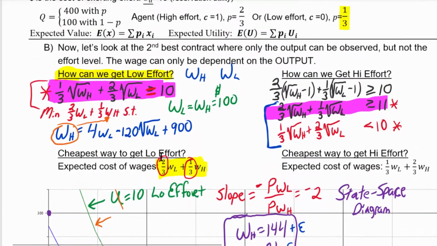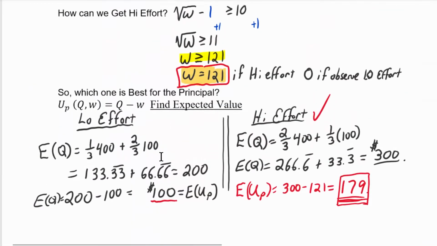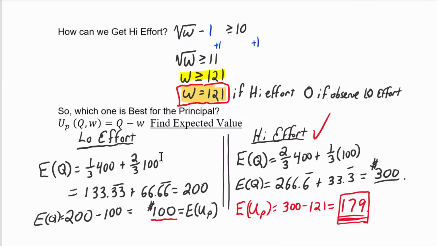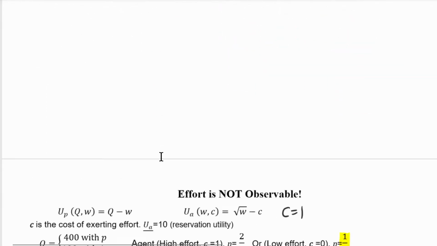Compare that to the case where everything was observable and our expected profit was $179. So as the principal hiring people, it costs us when we can't observe effort. If there was a very inexpensive way to observe the effort level, maybe we'd want to go with that instead of coming up with this complicated wage structure.